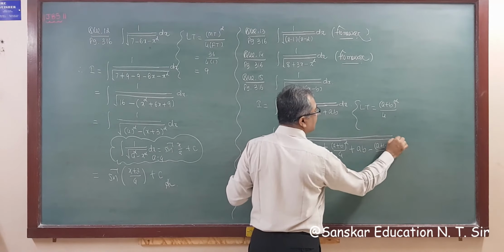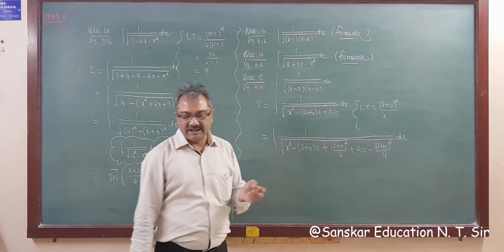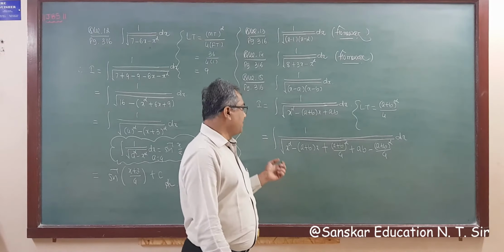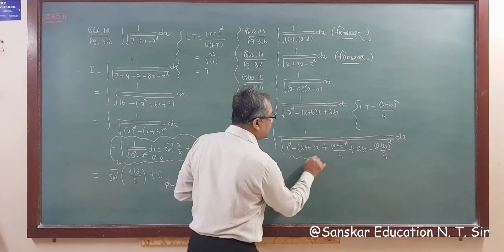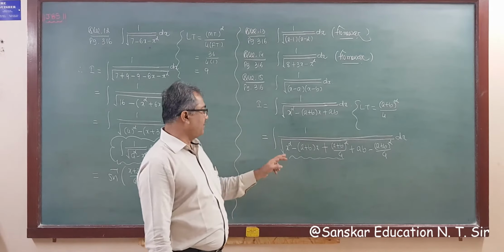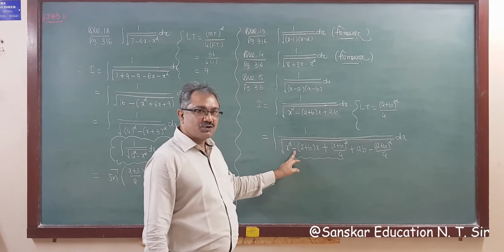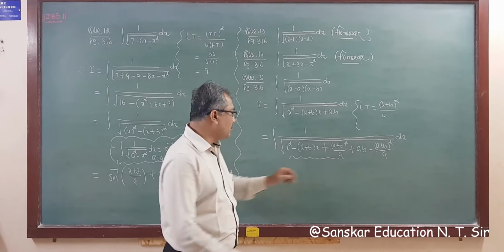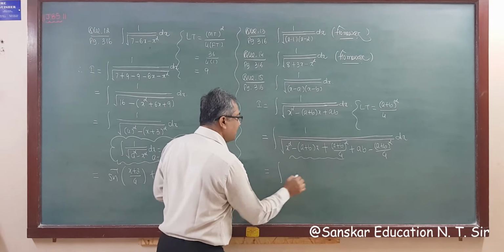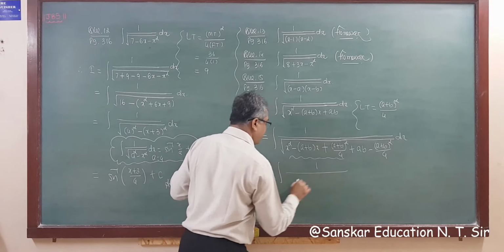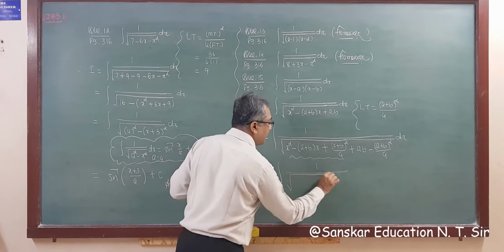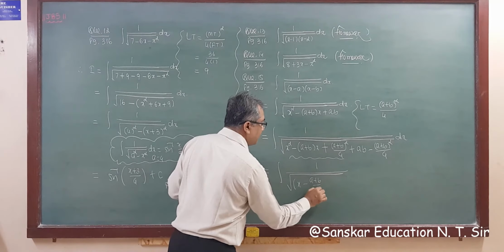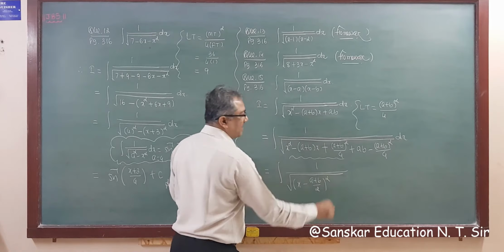So I am adding and subtracting a last term. Got it? So now these three terms are a perfect square of x, middle term is minus, so minus (a plus b) by 2, (a plus b) by 2 whole square. So this is integration 1 upon square root of x minus (a plus b) by 2 whole square.